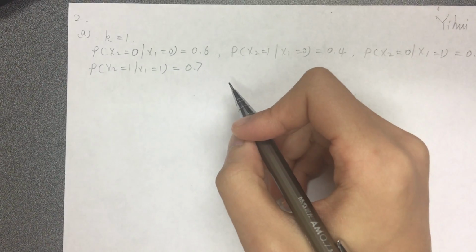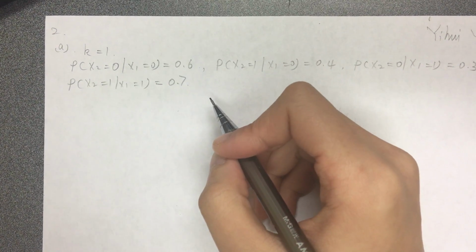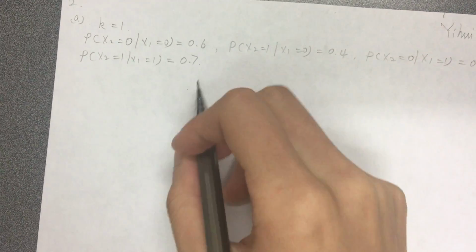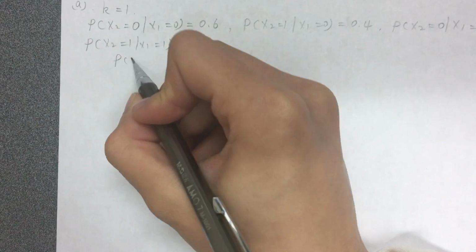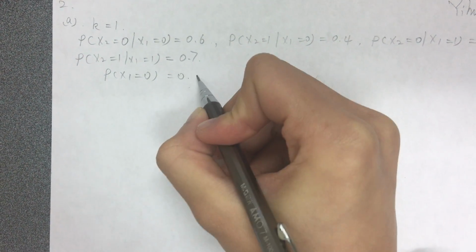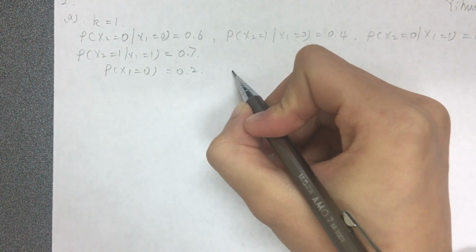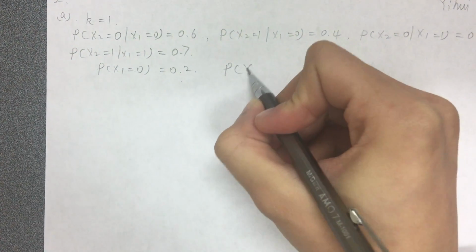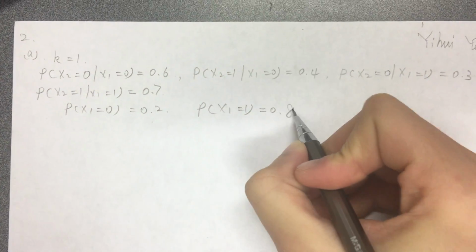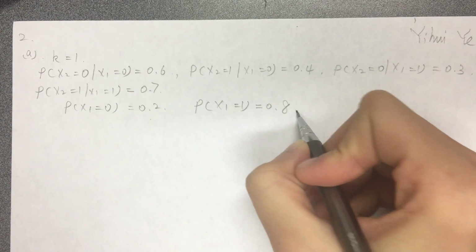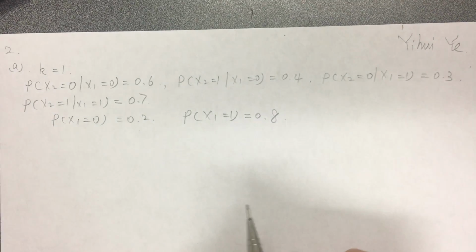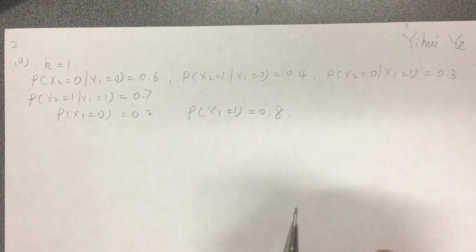So to calculate the probability that x2 equals 1, we know the probability that x1 equals 0 is 0.2, and the probability that x1 equals 1 is 0.8. And also the probability that x2 equals 0 or 1 given x1 equals 0 or 1.